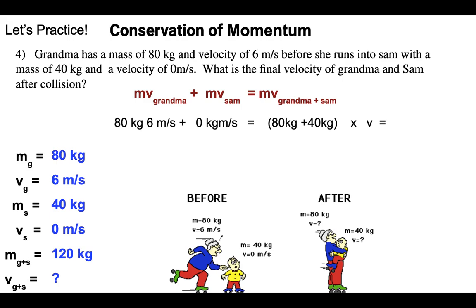If we look at the momentum of Grandma by herself, because Sam's momentum is 0, we get 480 kilogram meters per second. We know the mass of Sam and Grandma combined is 120 kilograms. So the velocity, once I divide by 120 kilograms to get v by itself, is going to be 4 meters per second. So she slows when she picks Sam up along the way.